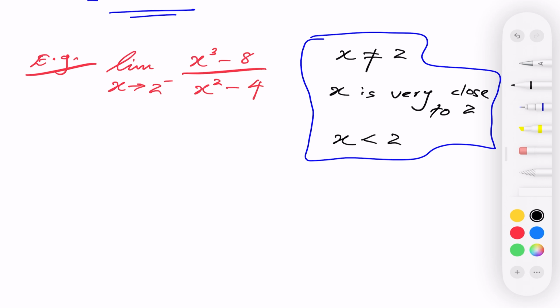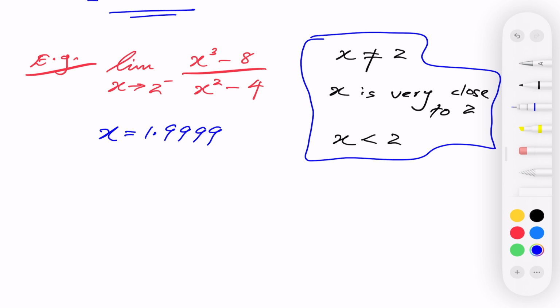So what's a possible x value? Well, I need that x to be very close to 2 and I need it to be slightly less than 2. So how about x being equal to 1.9999? Well, we can always do better. You may go up to maybe 10 decimal places.